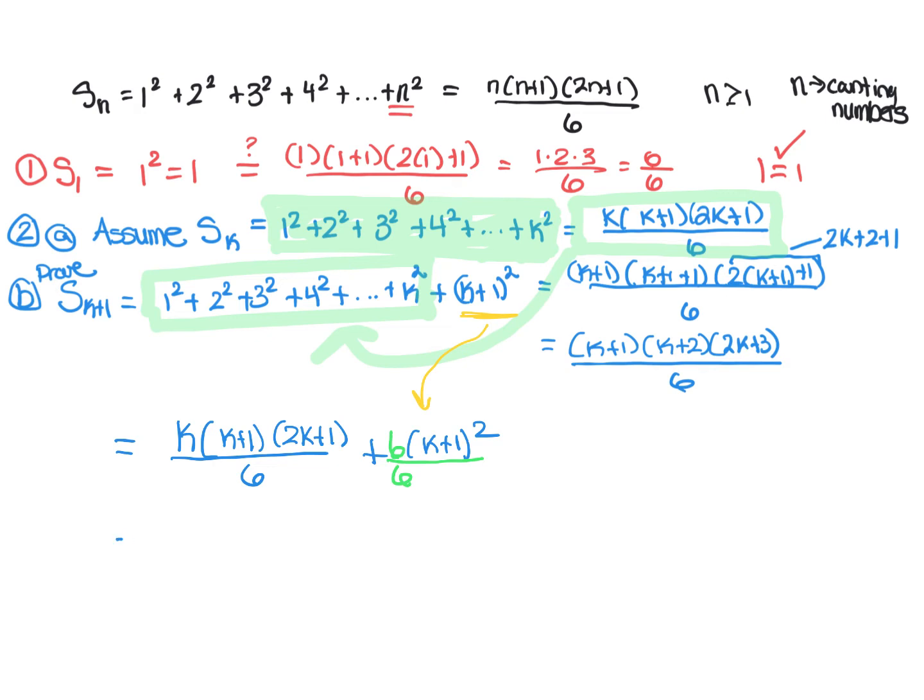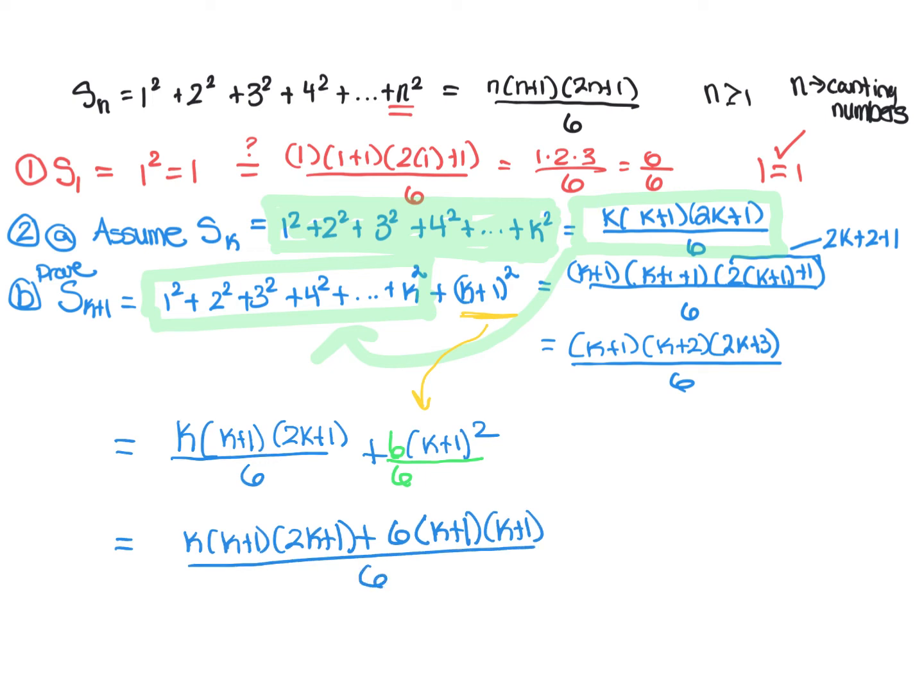So when I do that, I now get k plus 1 times 2k plus 1, plus 6. I'm going to write something a little bit differently for a certain purpose, so just hang on with me. K plus 1 squared means k plus 1 times k plus 1. And this whole thing is over 6.